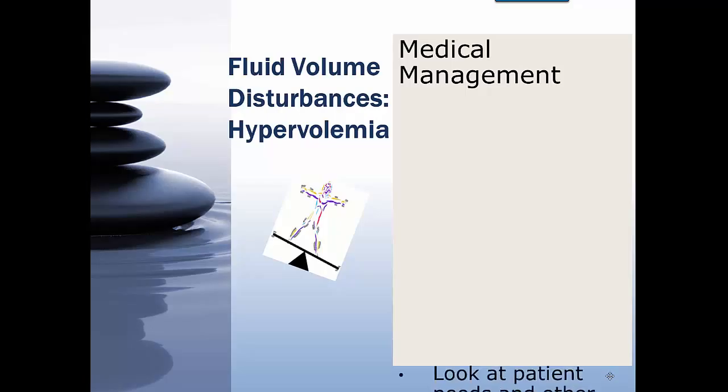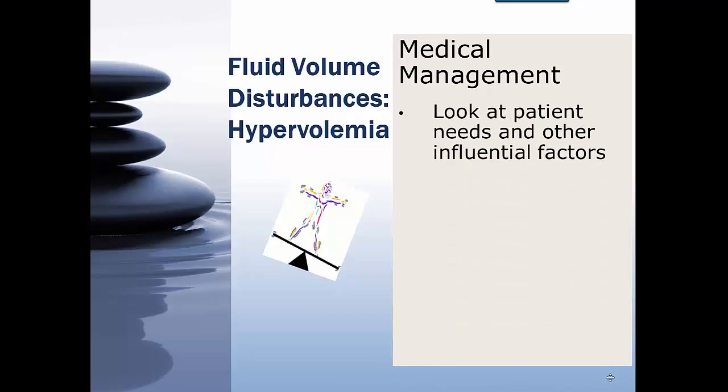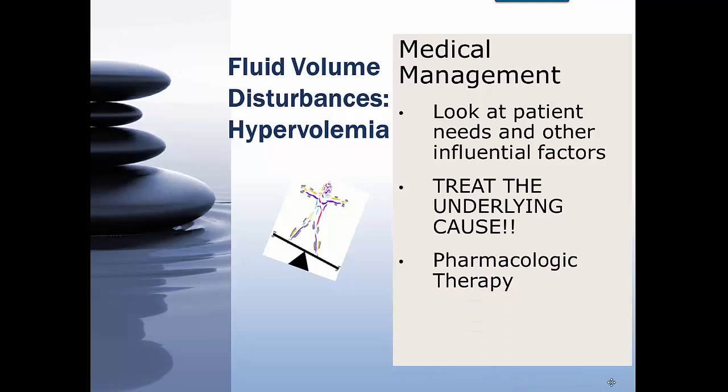Medical management, once again: look at your patient first and other factors that are contributing. Treat the underlying causes. Pharmacological therapy includes diuretics. They're usually prescribed when dietary salt restriction alone is insufficient to reduce fluid excess.